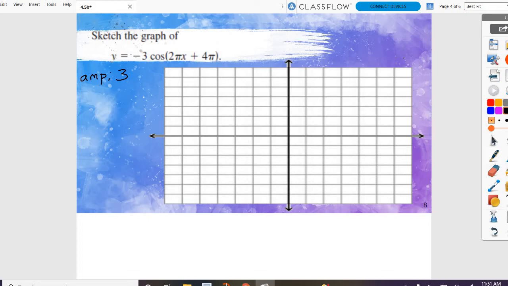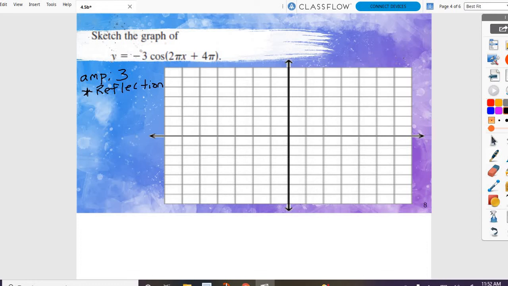So that's not going to change the amplitude, but we do want to make a note that this will be a reflection. So for cosine, we normally start at the maximum, and this time we're going to start at the minimum instead. Does that make sense?